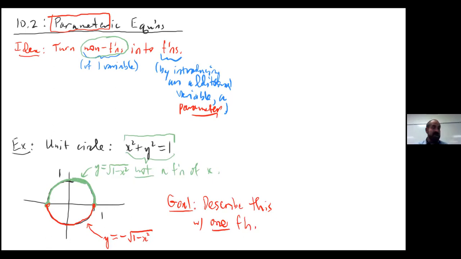And what is the solution to that end? Well, we introduce another variable called a parameter. And this probably isn't going to be all that surprising to you. Here's the solution right here. We let x equal, now remember, when we were doing trigonometry, the x coordinate was given by something. What was the x coordinate given by?